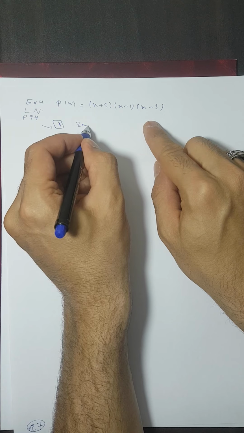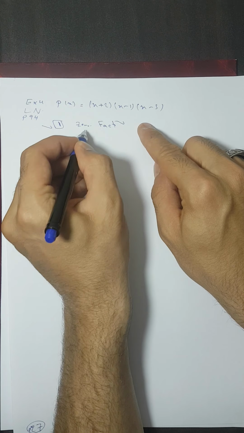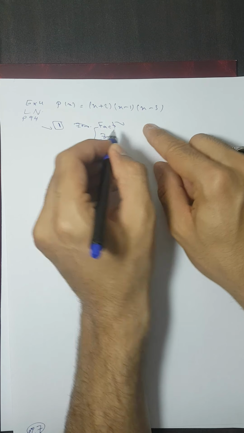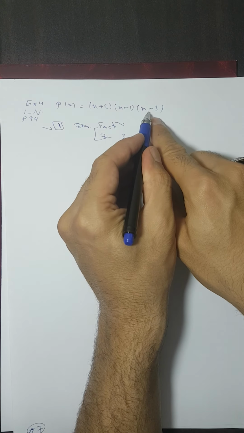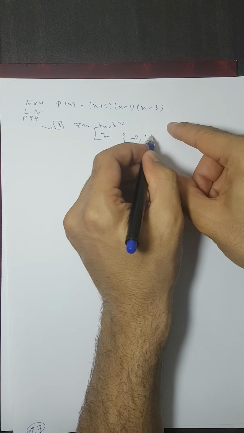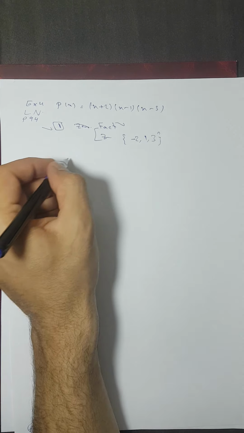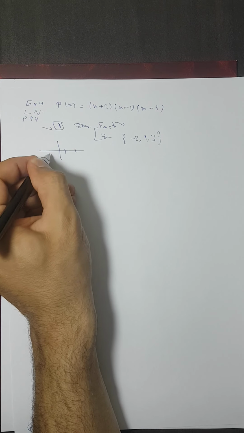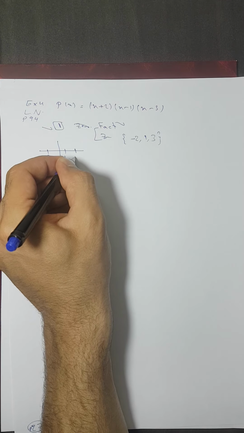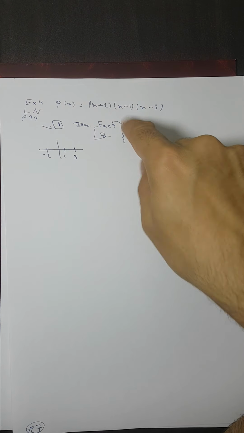Because you have the factors, it's time for writing zero. The zeros are equal to what? Tell me, that is very important. We have minus 2, 1 and 3. So before I sketch, I know in my graph I have three intersection points: 1, 3, and minus 2, because I got zeros coming from those factors.